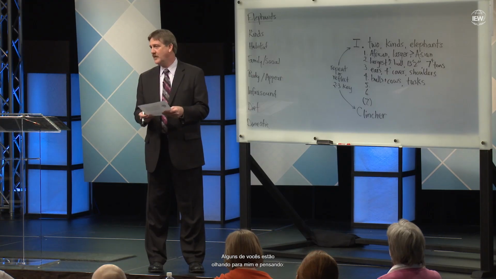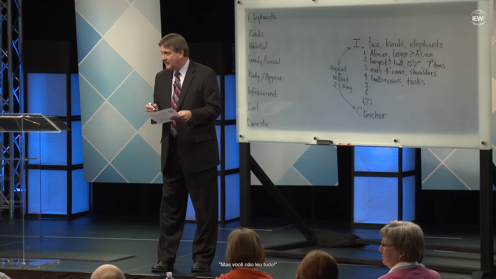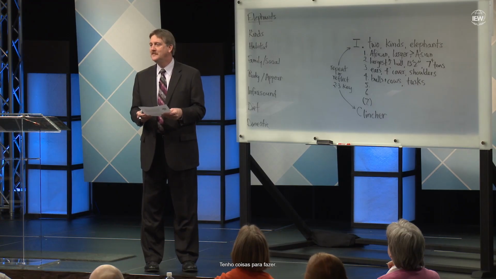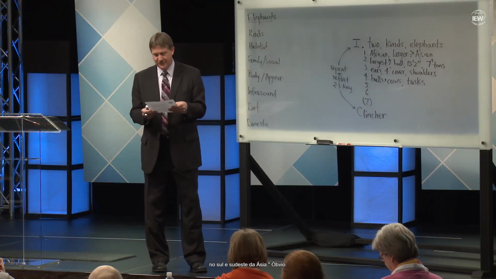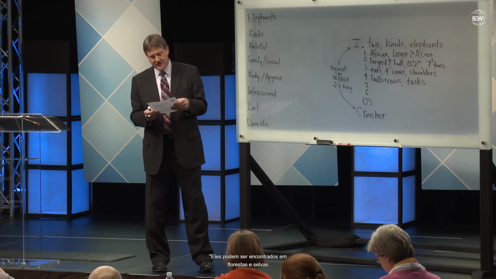Now, some of you are looking at me, but you didn't even read it. My answer is, don't need to. I have things to do. All right. Asian elephants live only in southern and southeastern Asia. Duh. They are found in forests and jungles of Cambodia, China, India, Indonesia, Malaysia, Myanmar, Sri Lanka, Thailand, and Vietnam.